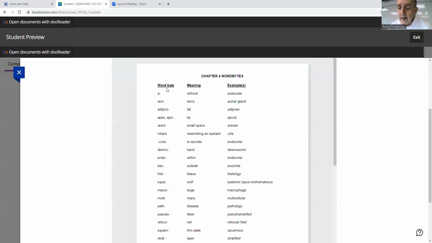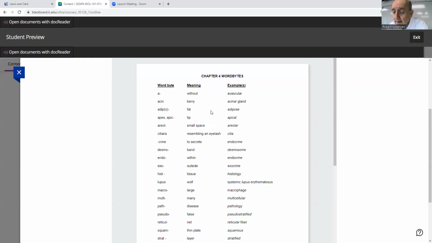So the word bite itself is a Latin or Greek word root that we use fairly commonly during lecture and lab, discussing anatomy and physiology. And on that lecture exam, you will have to match a word bite with a meaning. The examples are just there for illustration.